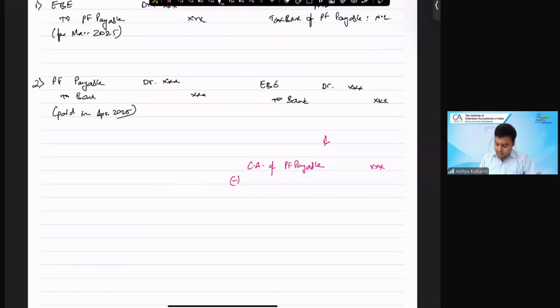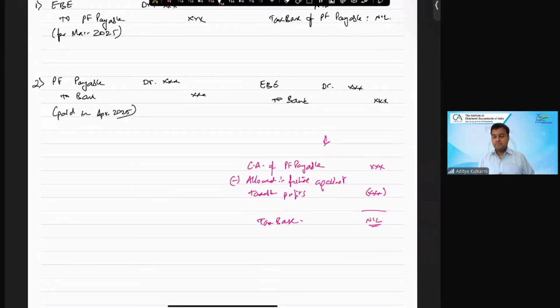Yes, sir. So, allowed in future, on or before filing of the income tax return. Of course. Allowed in future against taxable profits.